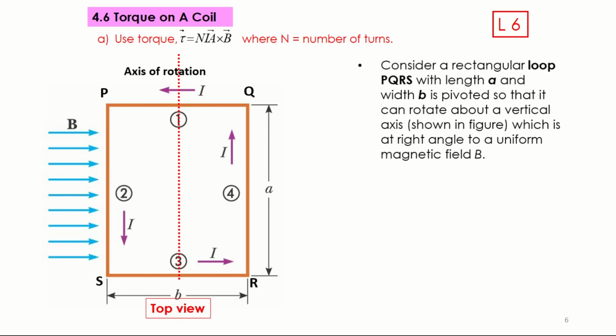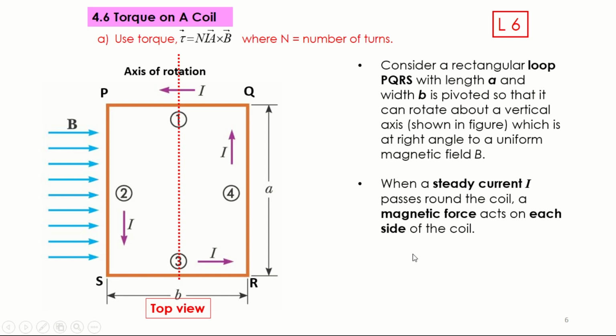So we consider a rectangular loop PQRS with length A, and width B, provided so that it can be rotated about a vertical axis, which is at right angles to a uniform magnetic field B. When a steady current I passes around the coil, a magnetic force acts on each side of the coil.